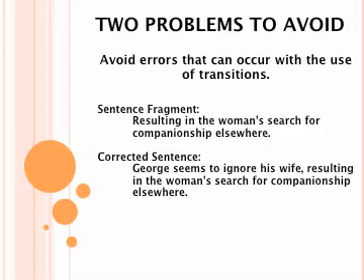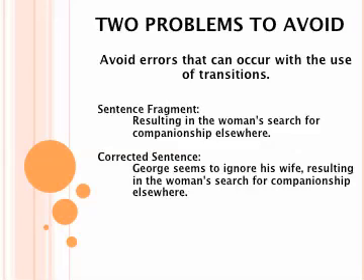Avoid errors that occur with the use of transitions. A sentence fragment, as you all should know, is a sentence that doesn't have a subject or doesn't have a predicate. So here we go. Here's the sentence fragment: Resulting in the woman's search for companionship elsewhere. We have no idea what this sentence is about because we don't know what the subject is.